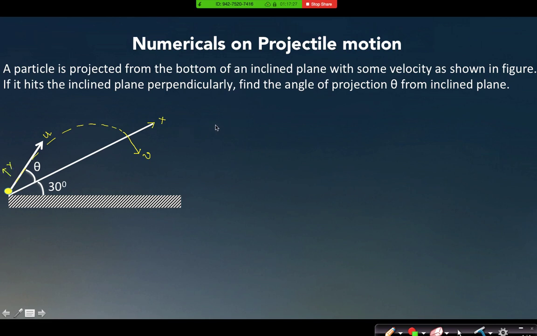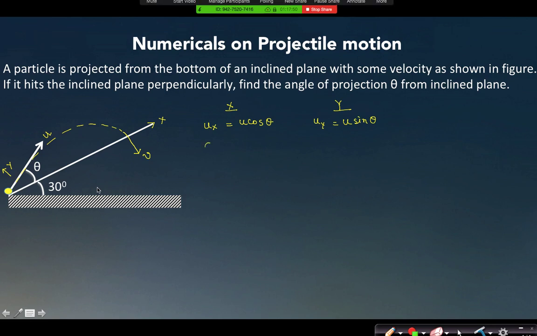I will take all the components of the vector along this x and y axis. So initially along x-axis my ux component is u cos theta, and along y-axis uy is equal to u sin theta.